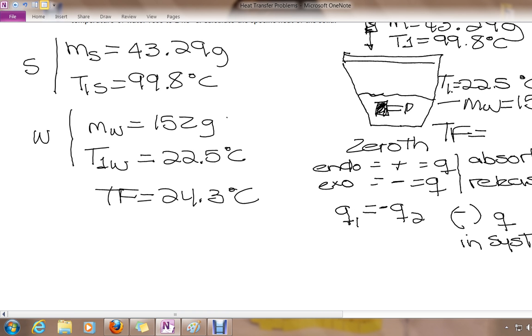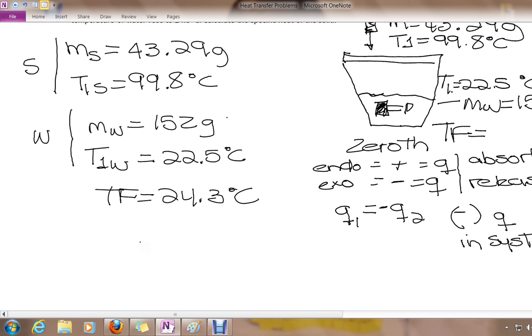Why? Because the flow of heat is from hottest to coolest. So from the hot to the cool. The heat transfer is going to be endo for the colder part, because it's receiving the heat from the hottest part of the system.